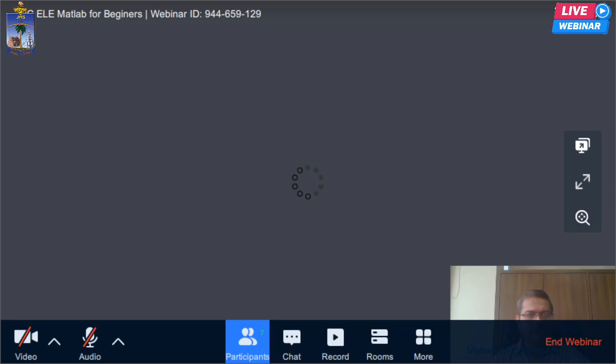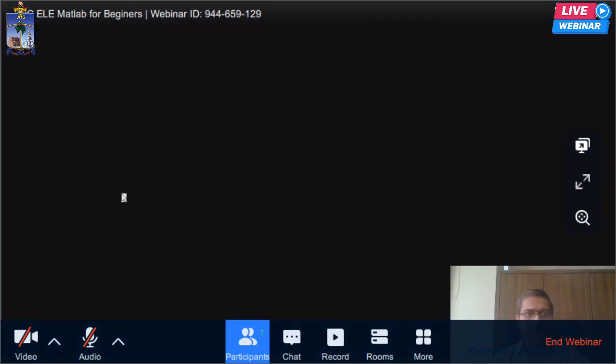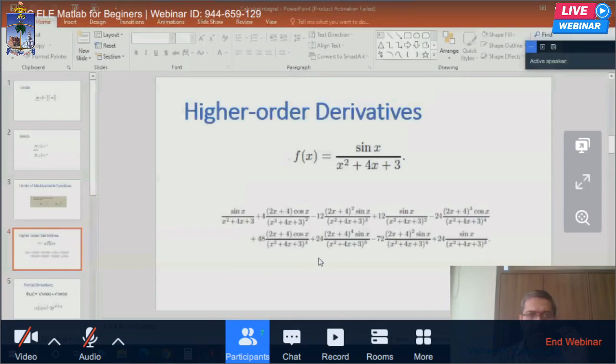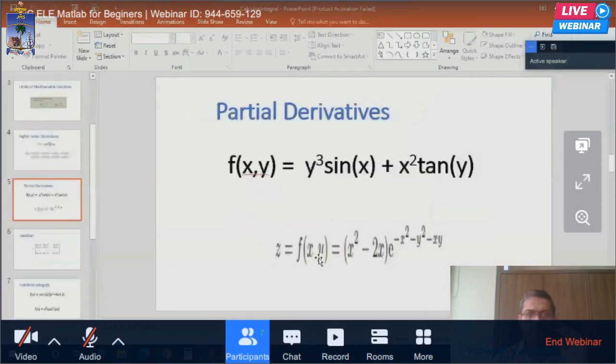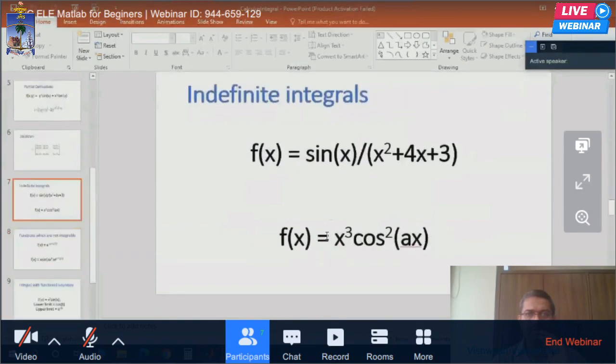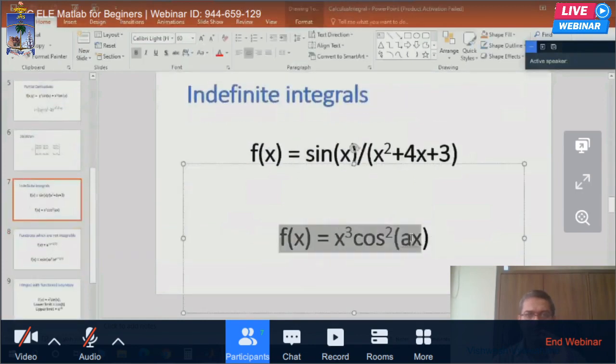So let's try to do the integration. syms x, f is equal to x cube into cos square x. This is the integration that I want to calculate. Is my PPT visible? Yes, sir, it is visible. Okay.